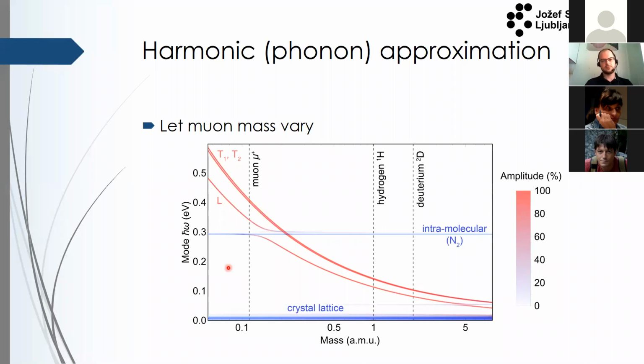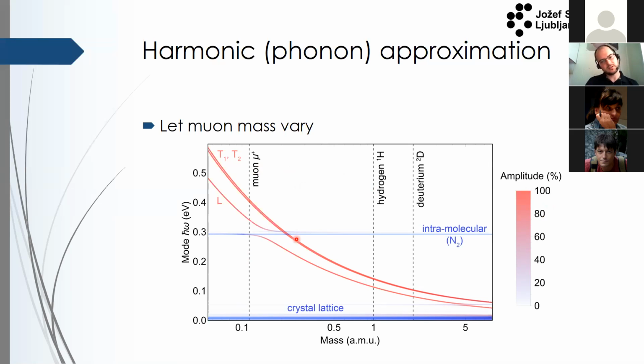And aside from nitrogens in crystal lattice modes, we get three extra modes: a longitudinal mode along the N2-muon-N2 complex, and two transverse modes, where this color scale here shows how much the muon moves inside a single mode.